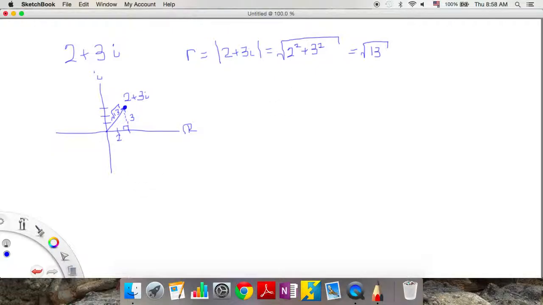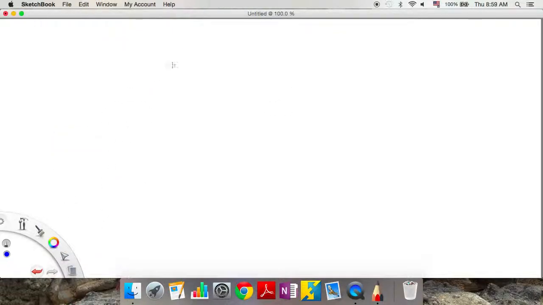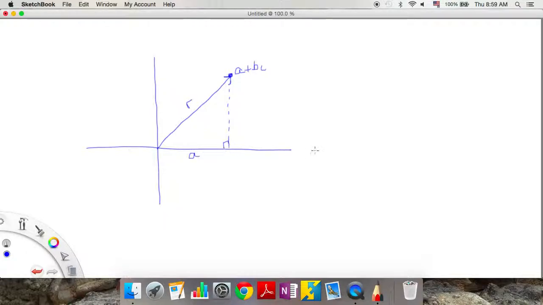Now, you can also look at a complex number, and let's say we have this complex number out here, and we know this is our modulus r, and we have this real part that's horizontal and this imaginary part that's vertical, and it gives us a triangle. So this is our modulus.